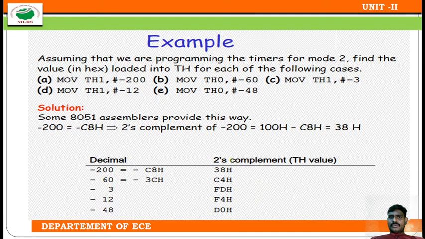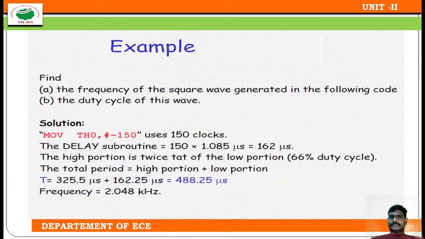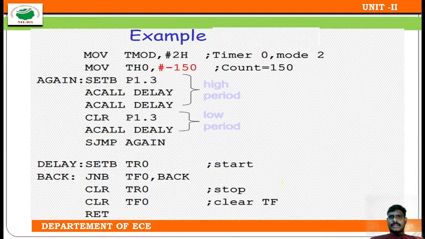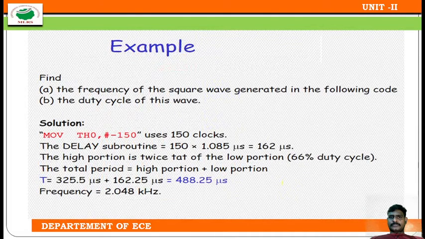Okay, now if I want to go for timer 2, these are some values, and how to calculate the 2's complement. In this manner we know how to complement values: convert that value into binary, subtract for the 1's complement, and the 2's complement values need to be loaded. Okay, this is a program generating the following code: a duty cycle wave, 150 milliseconds needs to be generated.